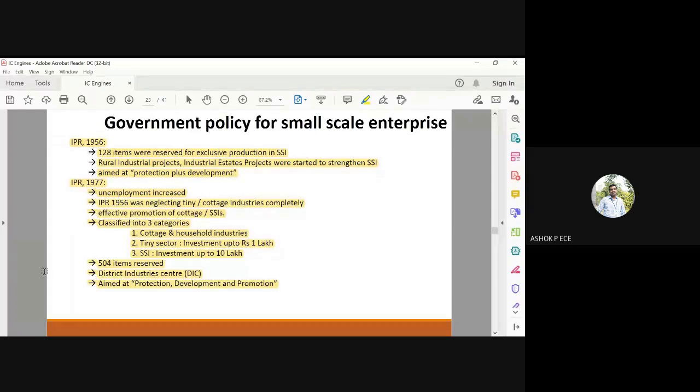So you're promoting the small scale industries throughout the country by increasing the number of items produced by the SSI, small scale industry, and you are going to set up the district industry center to see what can be done for budding entrepreneurship.